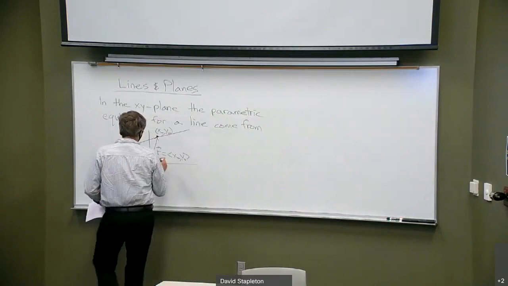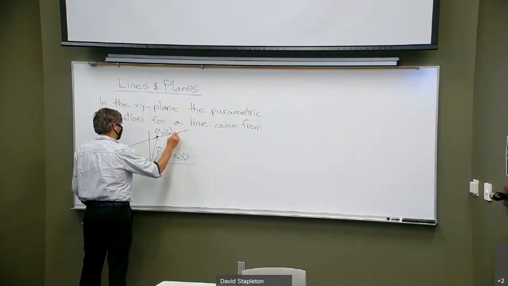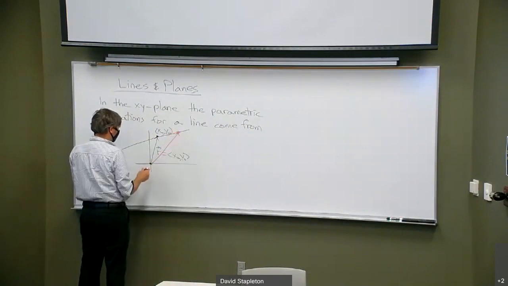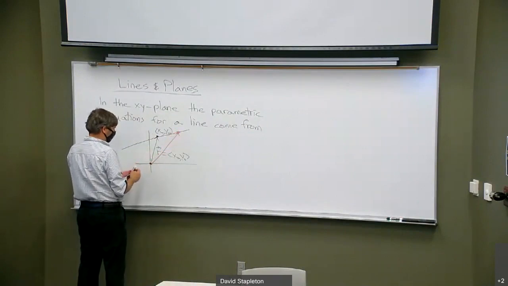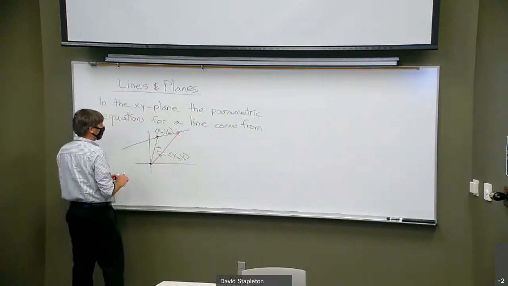We can consider all points on the line by taking the vector, actually, let's call this r0 going to x0, y0.